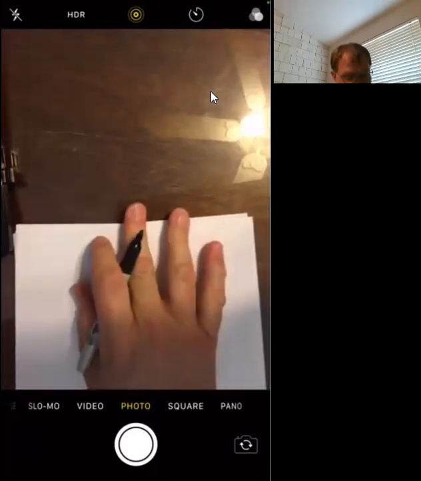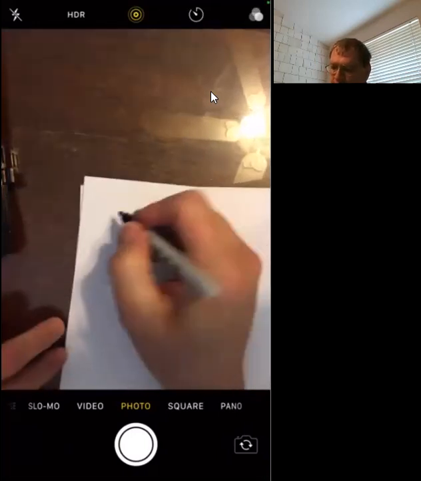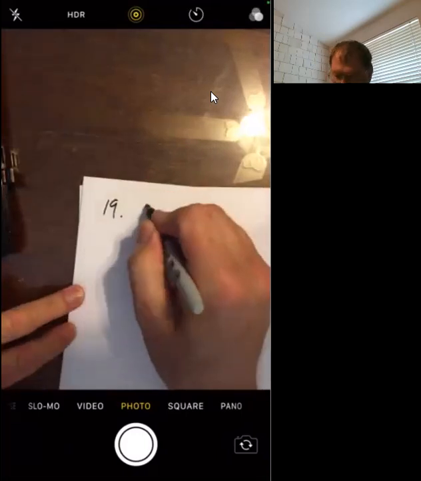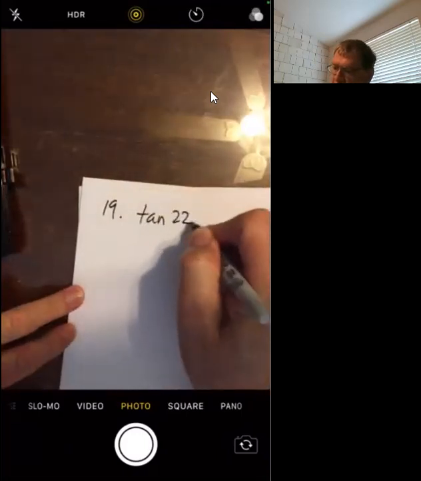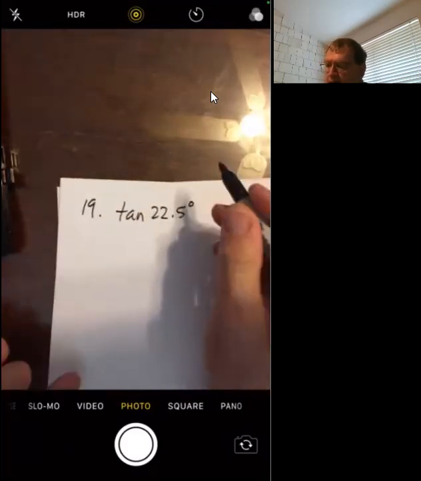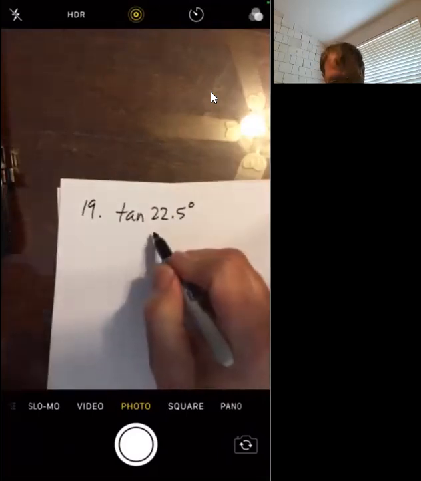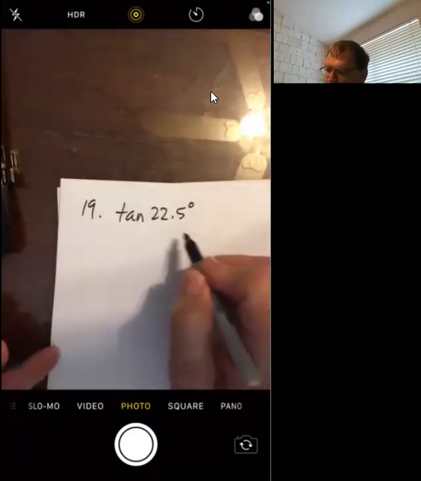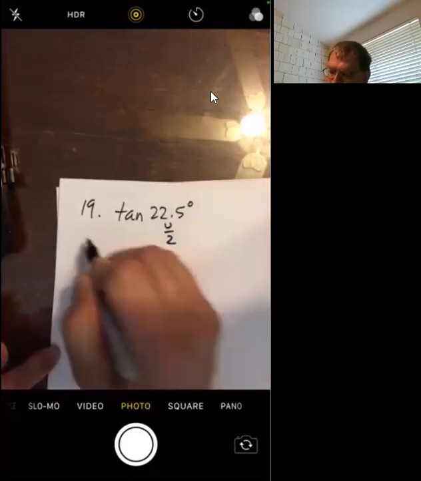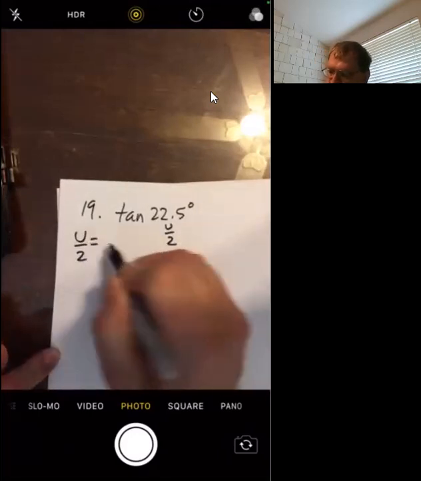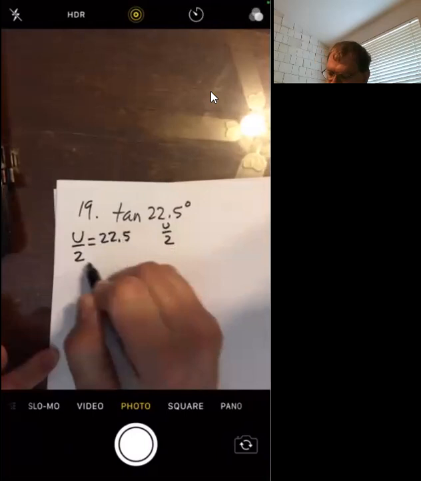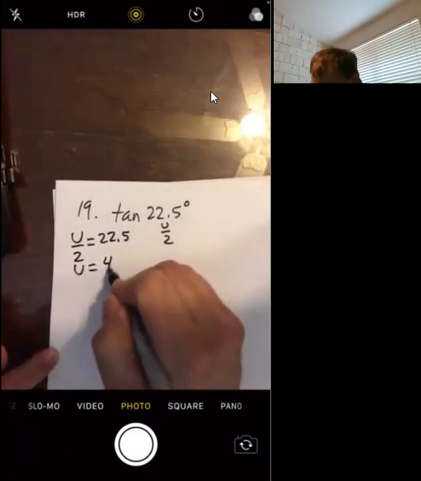Let's try half angle formulas. How about 19? A tangent of 22.5 degrees. Remember, you're supposed to be using half angle, so this is like a u over 2. If u over 2 is 22.5, can you tell your u? It's going to be 45 degrees.